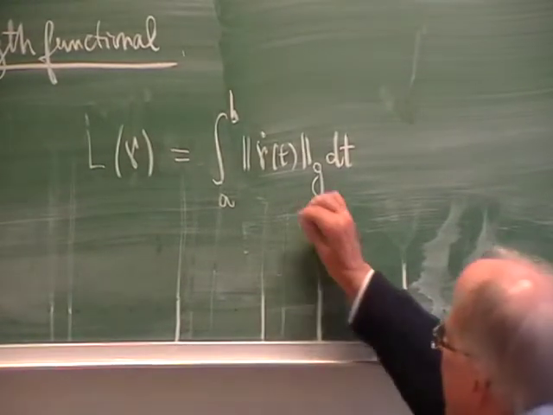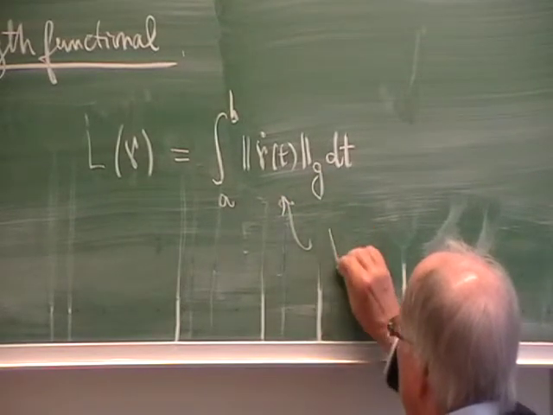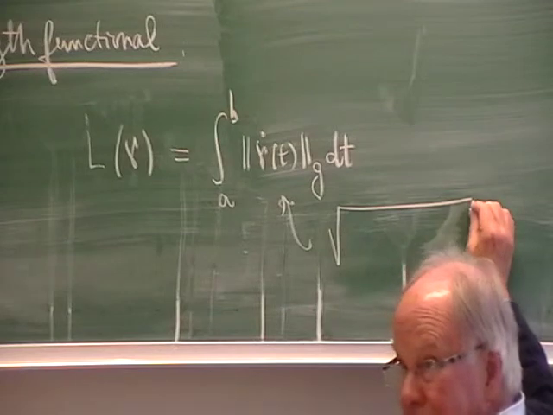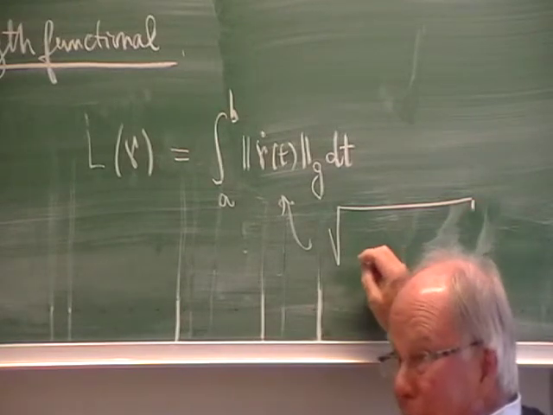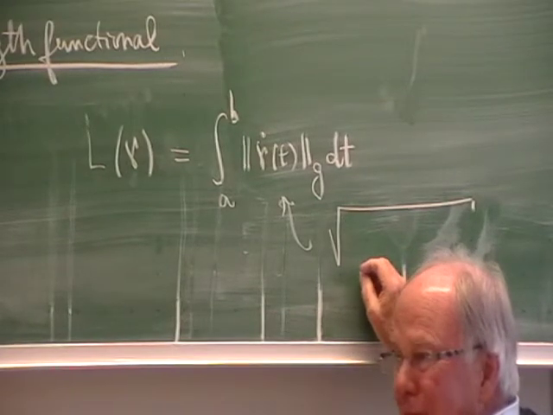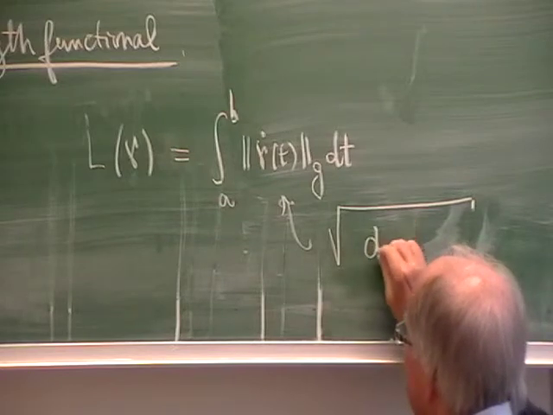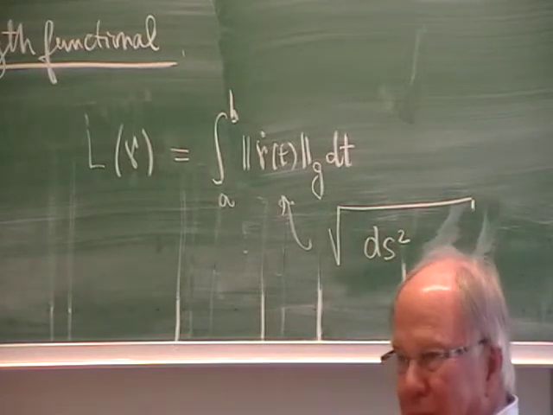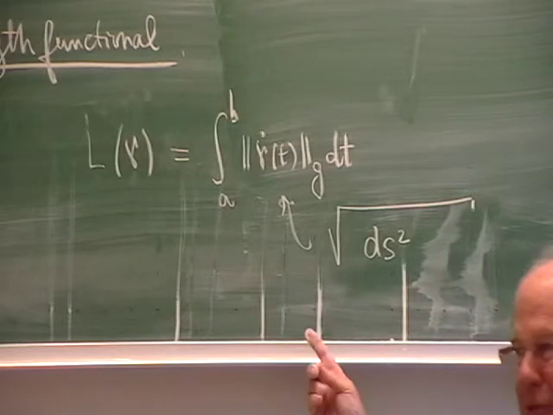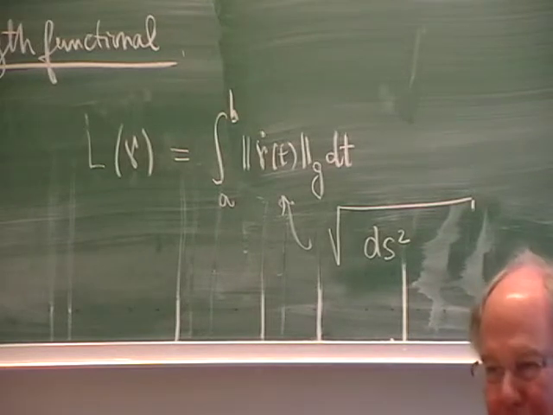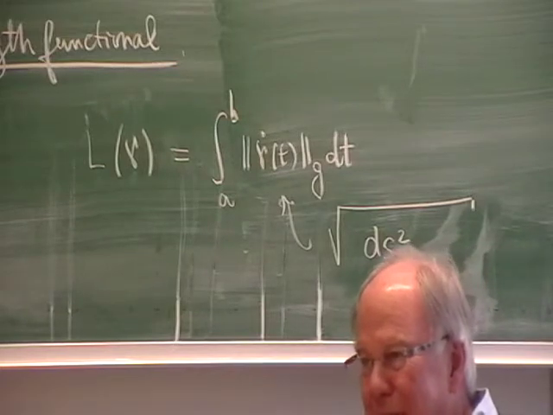Now this norm is unfortunately in local coordinates a square root of something. You learned it in calculus. It was terrible. When I first saw this in calculus, I thought, what are they talking about, ds squared? And the square root of ds squared has no meaning whatsoever.